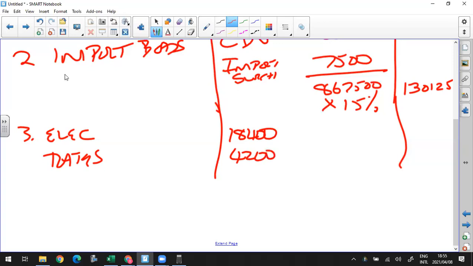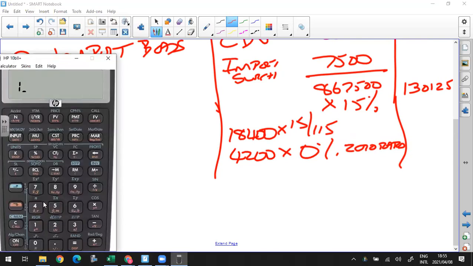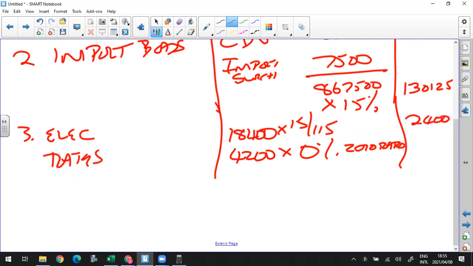Yes, sure. Can we claim VAT on rates? No, rates are zero rated. Okay, so 18,400 times 15 divided by 115: 2,400 for electricity and 0 for rates.